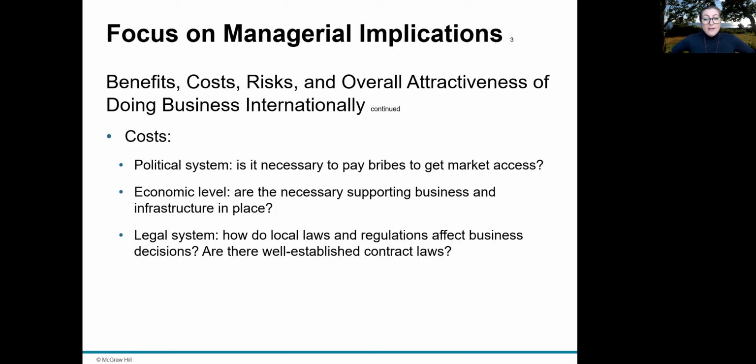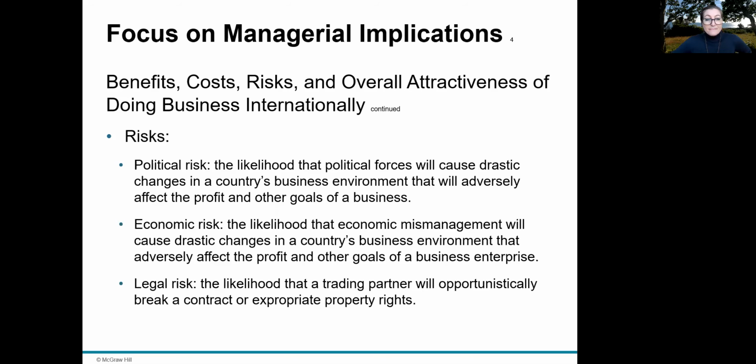Are the necessary business infrastructures in place or not? And how are the local laws and regulations enforced? How are the contract laws, are they well established? Are they well enforced? In terms of risks, we need to look at political risk, economic risk, and legal risk.